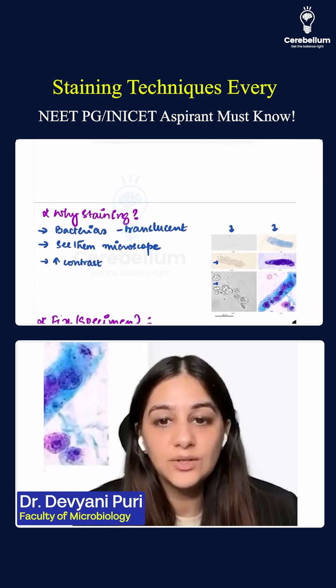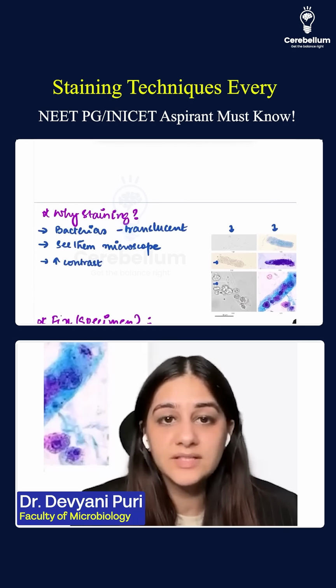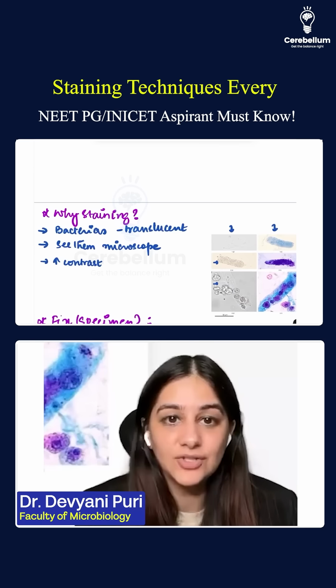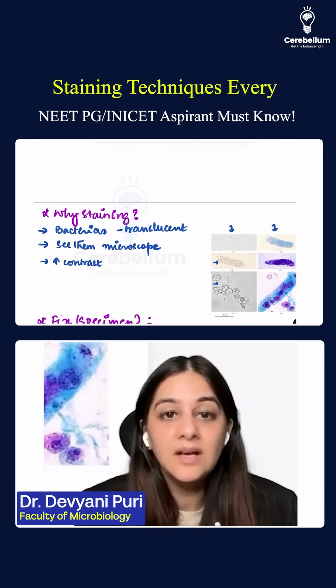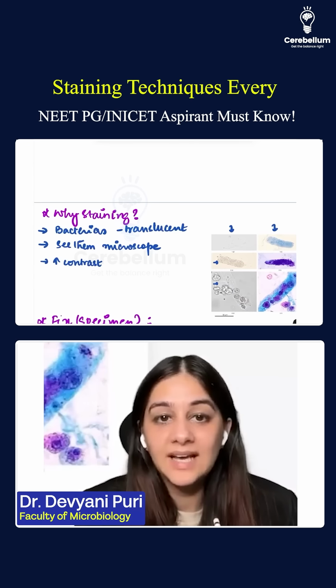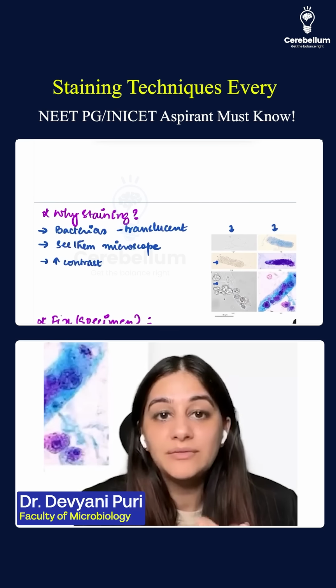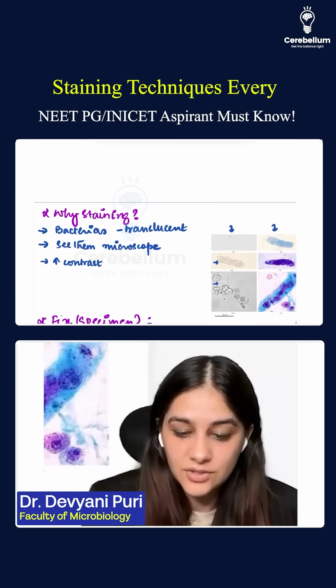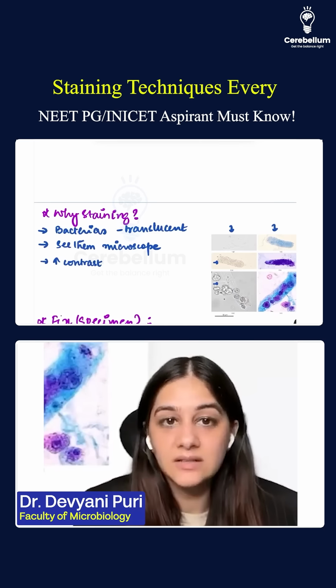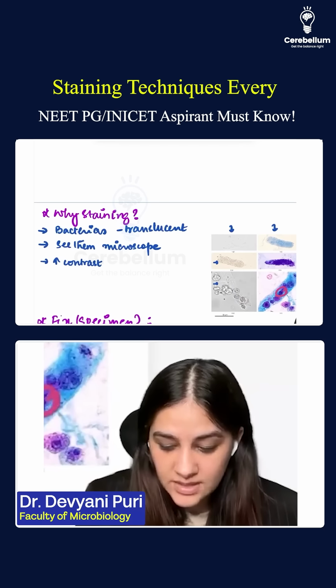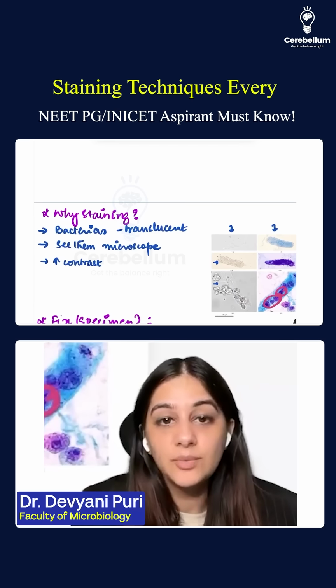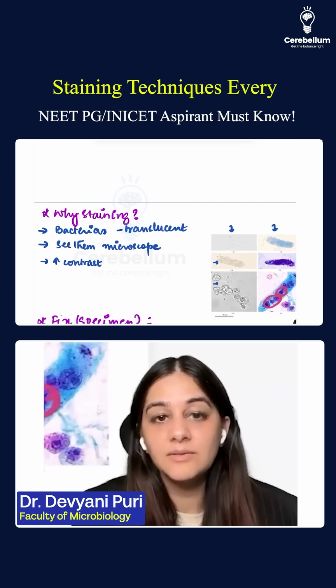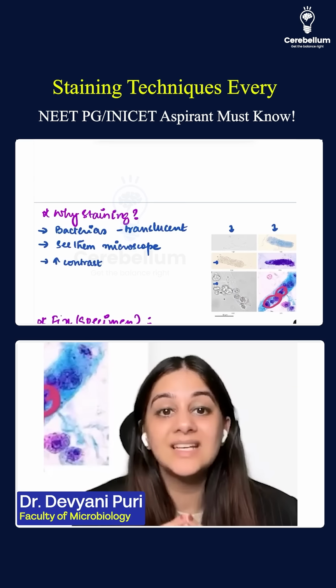What will the fixing do? It will basically attach, or fix, the organism on the slide, and it will also lead to fixing of the internal structures. Because we want to see the internal structures, as you can see here, we want to keep those internal structures intact.